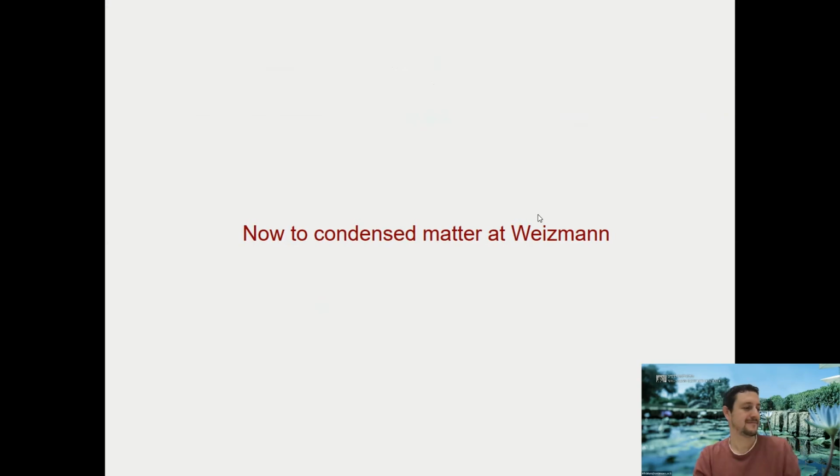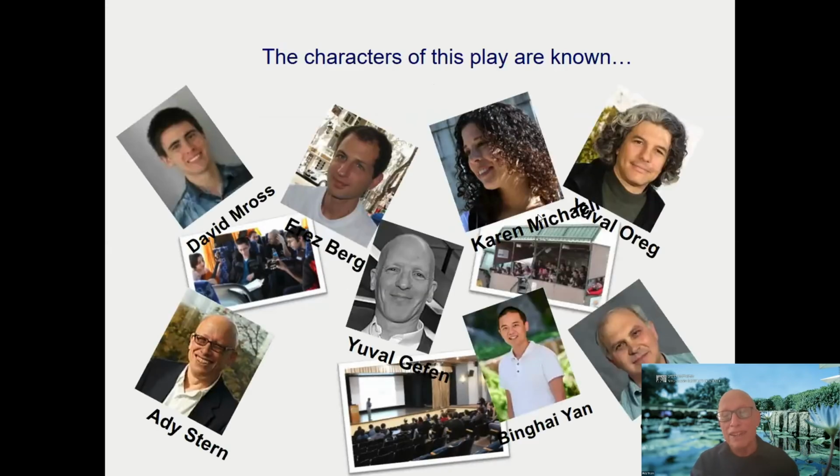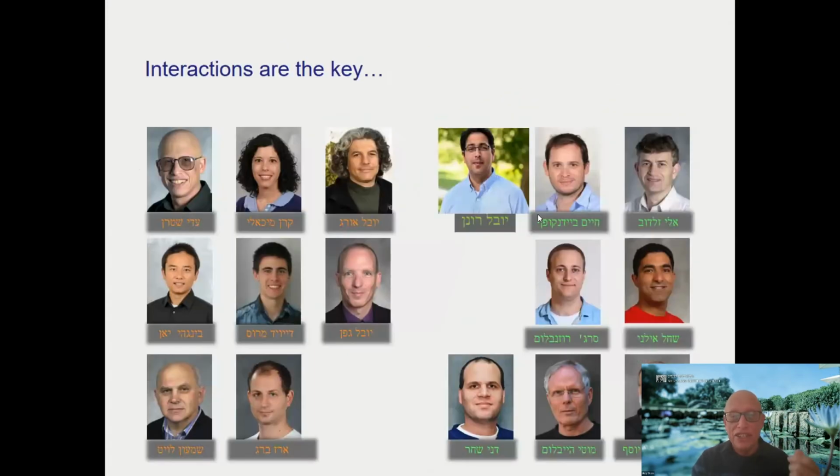The last thing I want to say is something about condensed matter at Weizmann. So I told you, the characters of the play are known. Those are the people. This is only the theory. So the characters are known. The key is the interaction. And here's another set of pictures of the same guys.